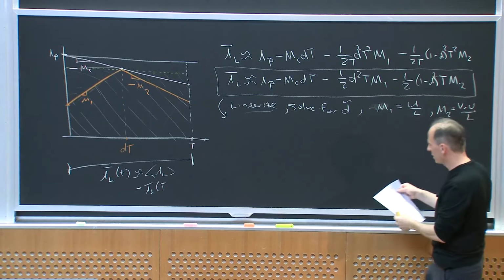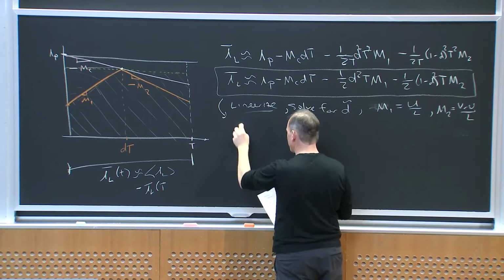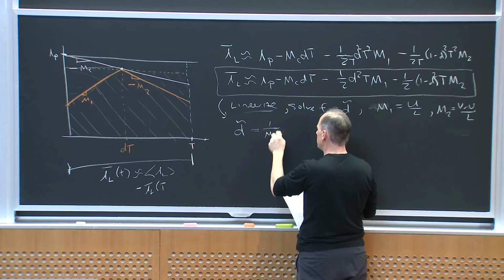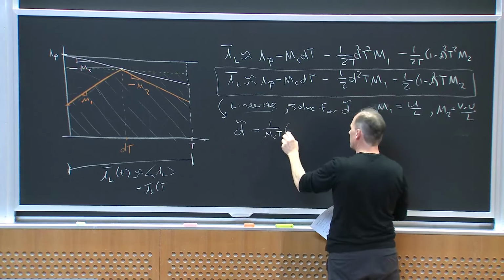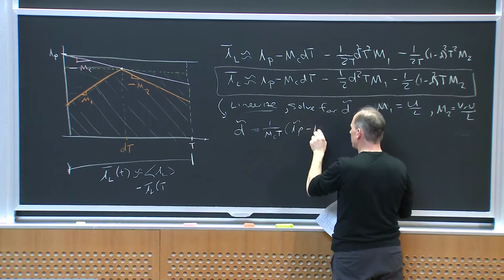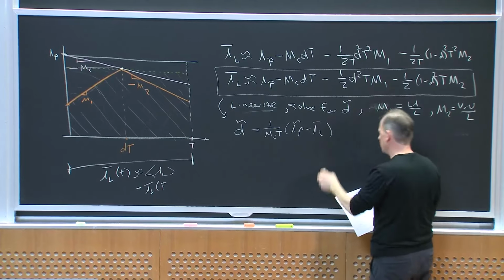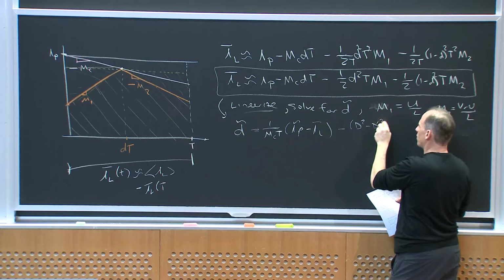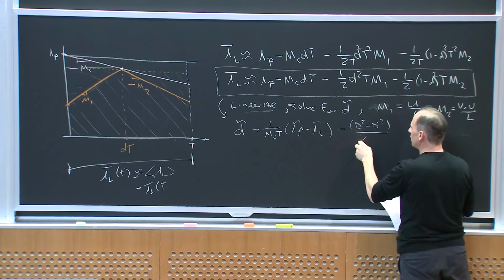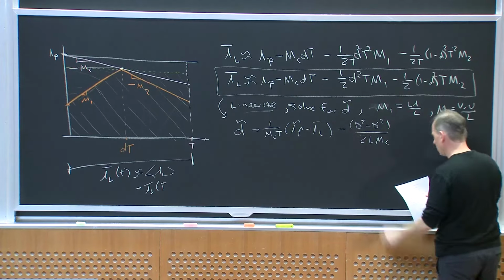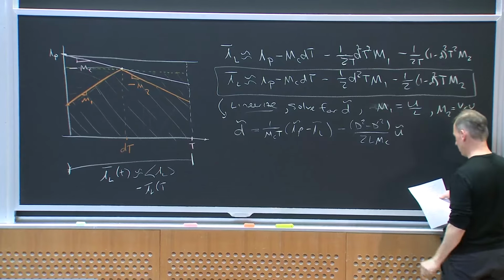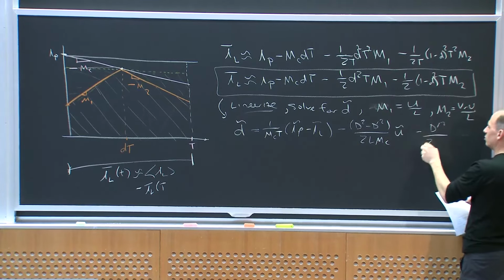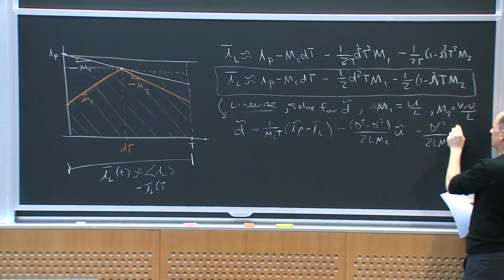If I make that substitution, what I get for my boost converter is d tilde equals 1 over MCT times I peak tilde minus IL tilde minus (d squared minus d prime squared) over 2LMC u tilde minus d prime squared over 2LMC v tilde.